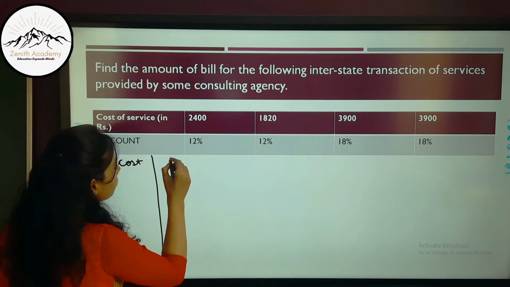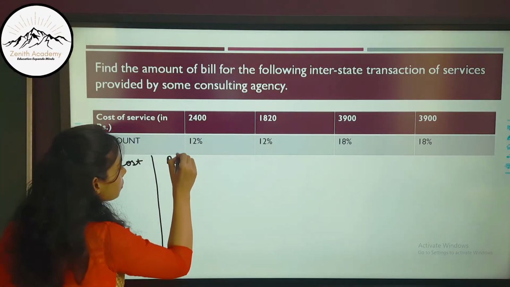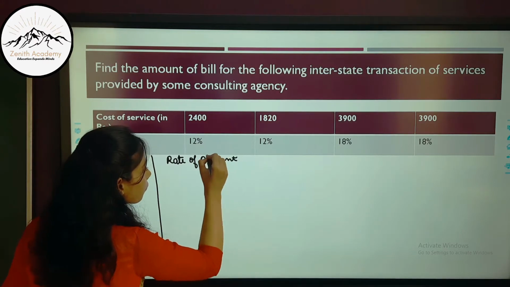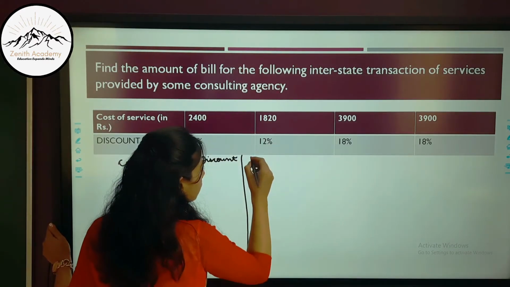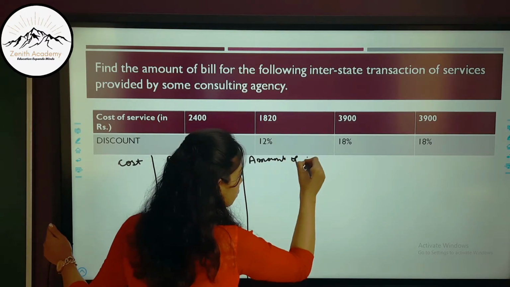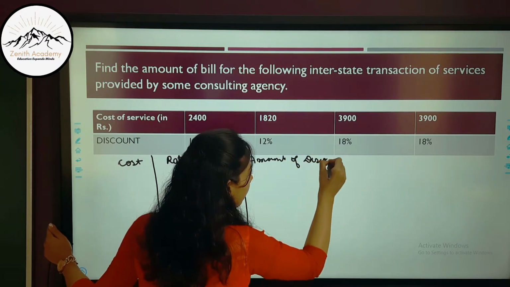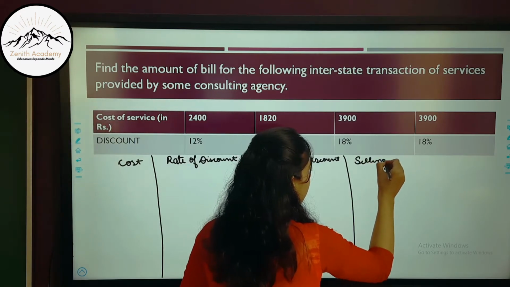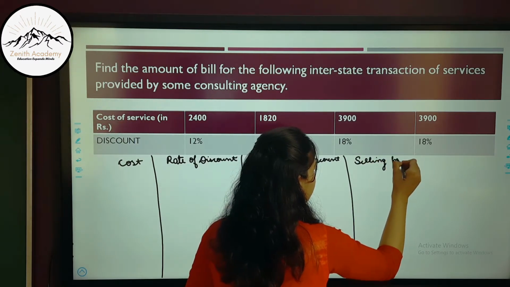Our second column will be the rate of discount, our third column will be amount of discount, and then selling price.